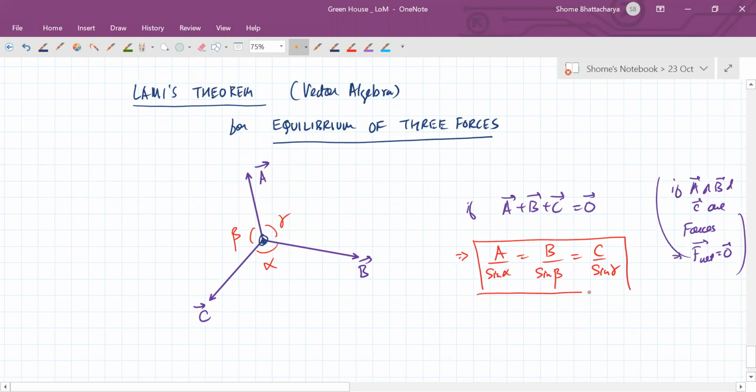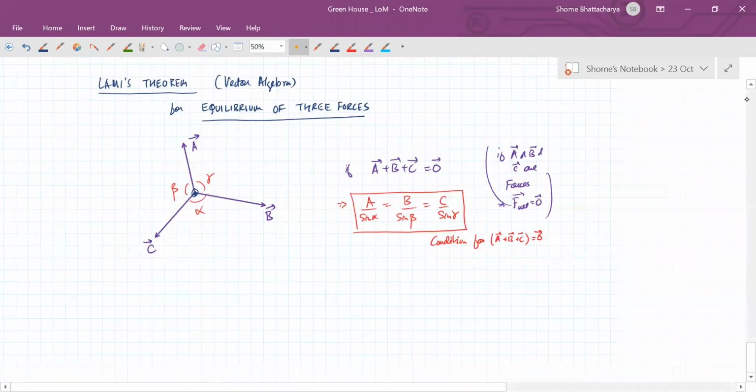This is the condition for A plus B plus C to be equal to a null vector. So just note this down, and this will make problems like this a single line solution.